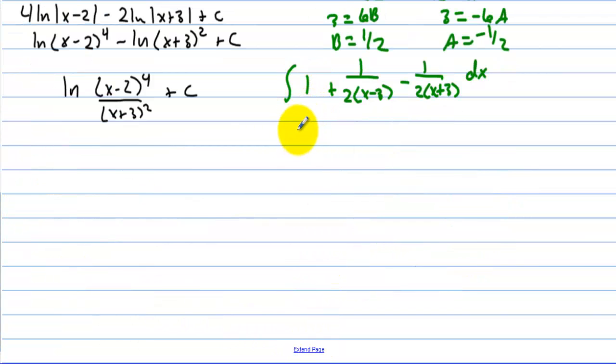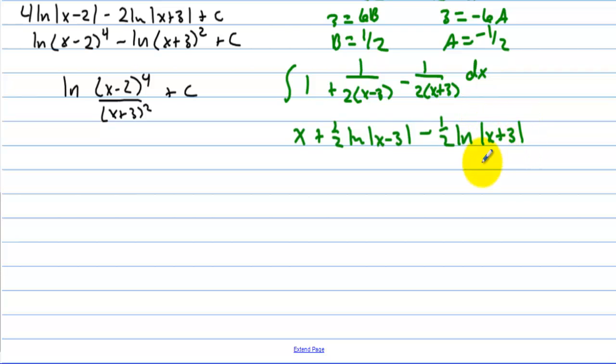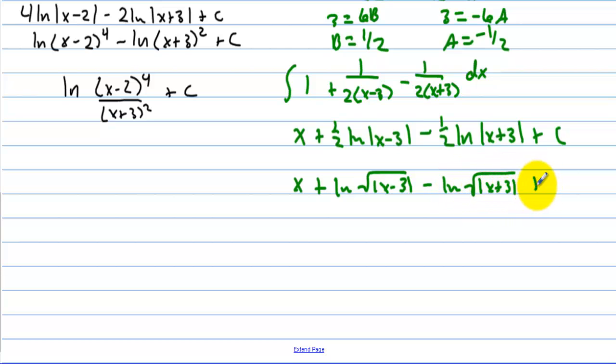The integral of 1 is x, and then we have plus 1/2 natural log of x minus 3, and then minus 1/2 natural log of x plus 3. And then, of course, plus c. X plus natural log of the square root of absolute value of x minus 3, and then minus the natural log of square root of absolute value of x plus 3 plus c.